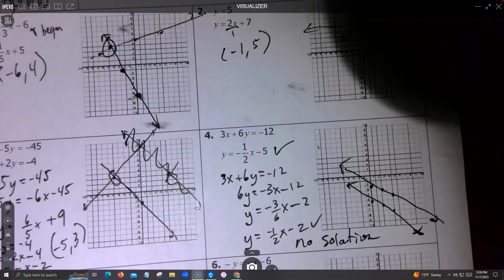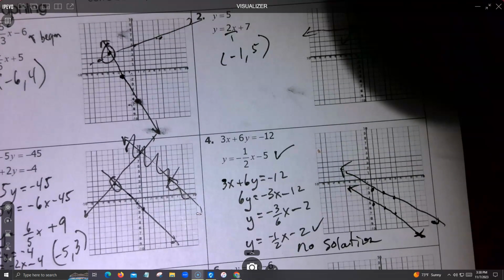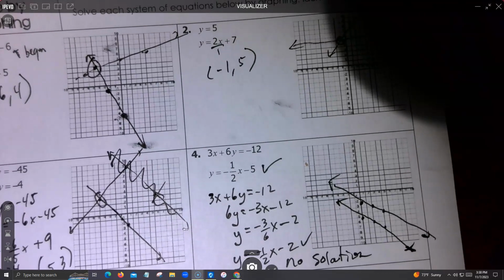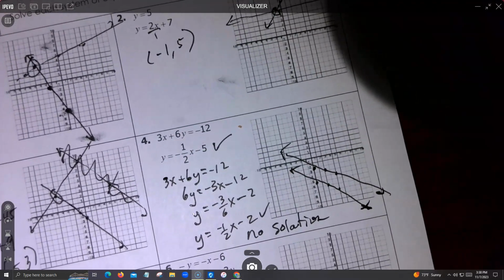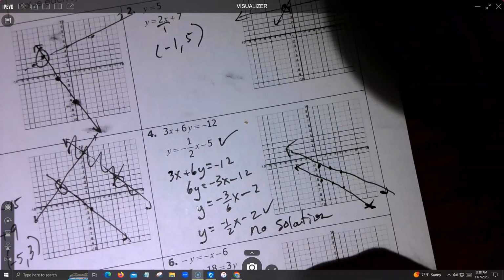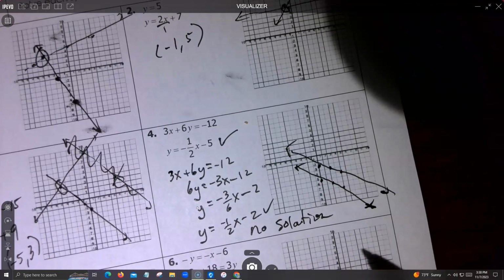All right, for the sake of time, let's just do this last one. Okay, so this one, we're going to divide by -1. All I have to do is divide by 3.